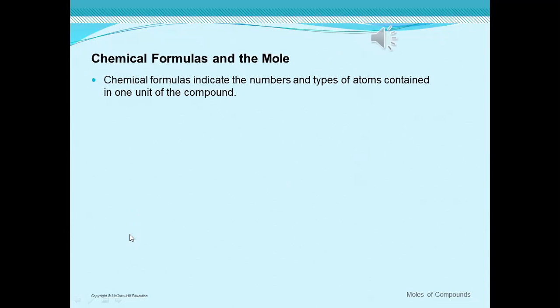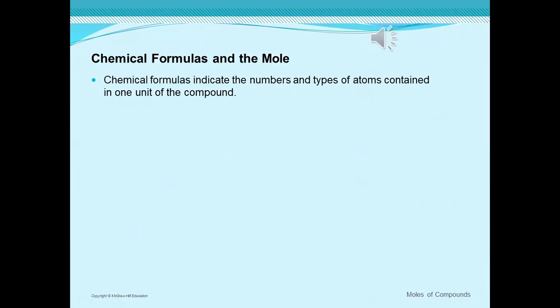Chemical formulas indicate the numbers and types of atoms contained in one unit of the compound. So it's called the chemical formula. Chemical formulas indicate the number and types of atoms contained in one unit of the compound.